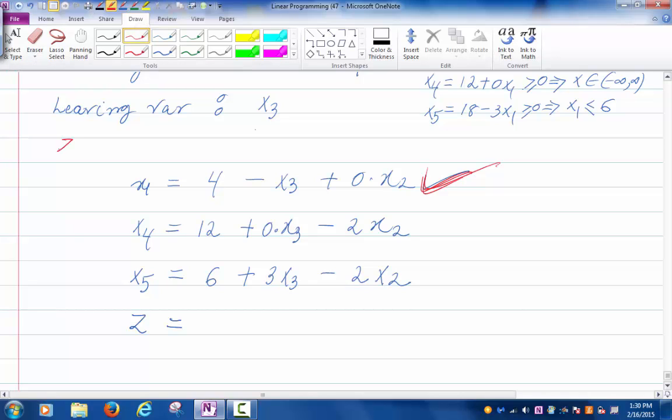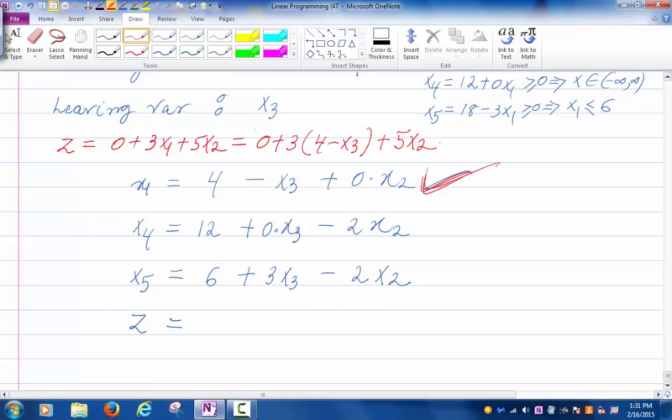What was z before? z was 0 plus 3x1 plus 5x2. And then what should I do? Replace x1 by 4 minus x3 plus 0x2, but that's 0, and plus 5x2.